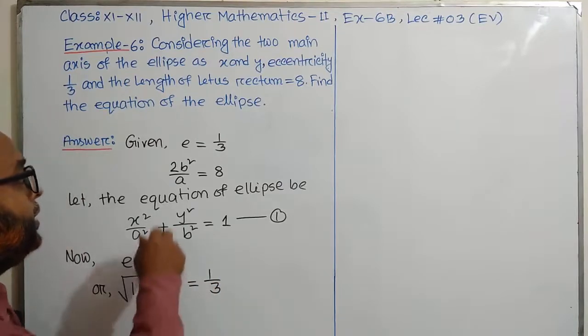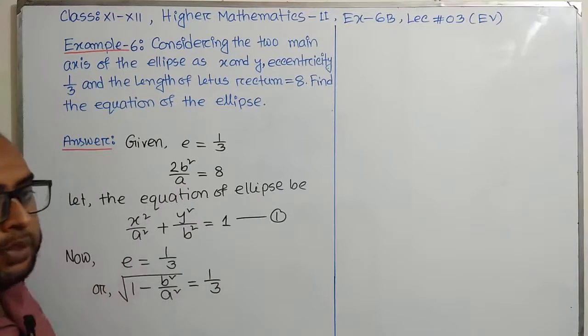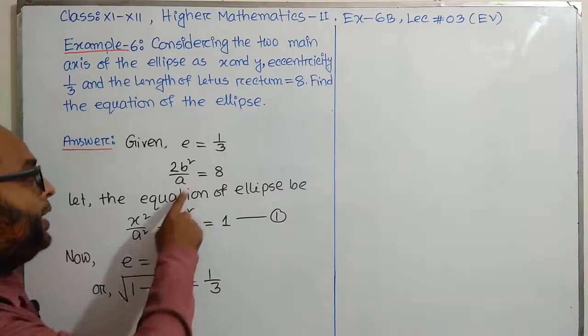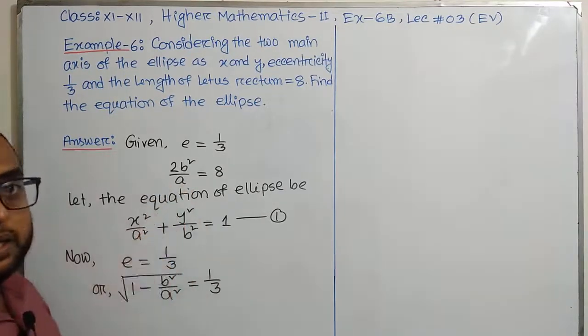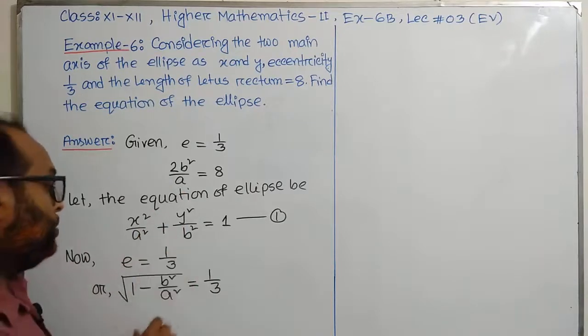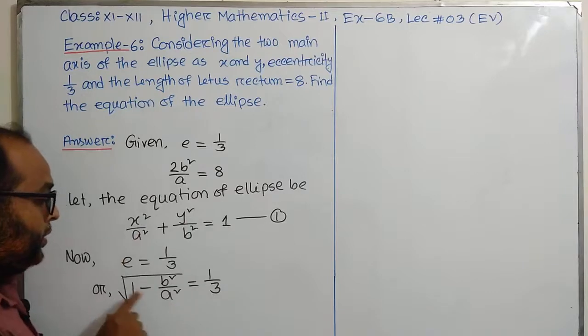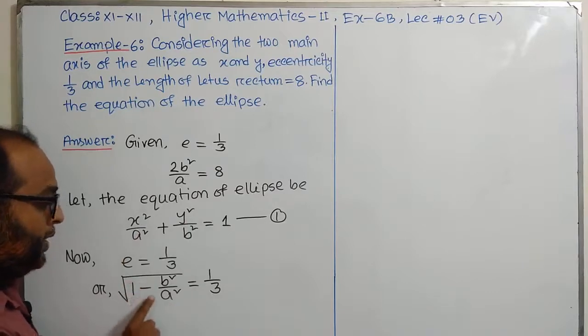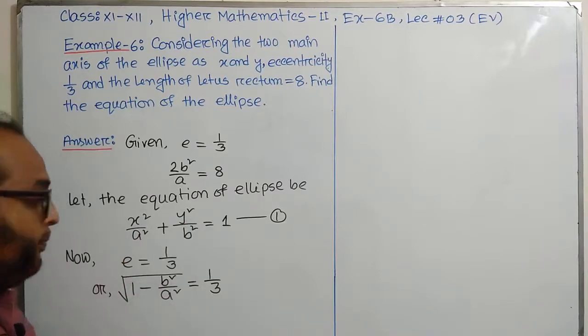Here we consider length of latus rectum, this is 2b square by a, and this formula is applicable when a is greater than b. For this reason we put here e equal root over 1 minus b square by a square.